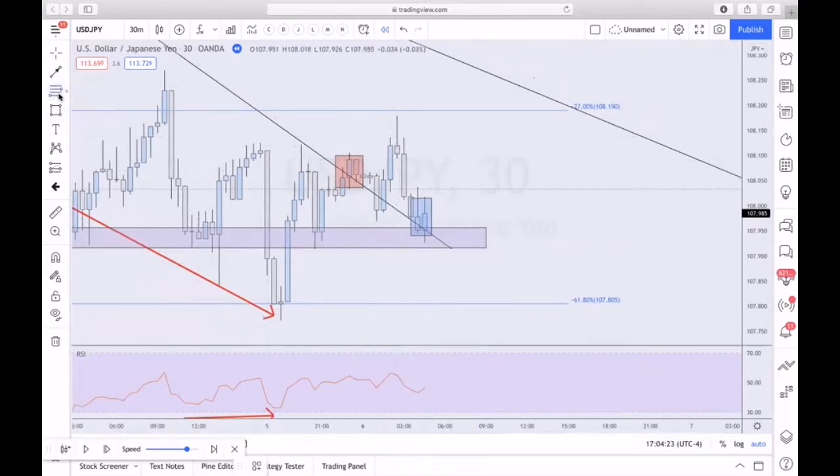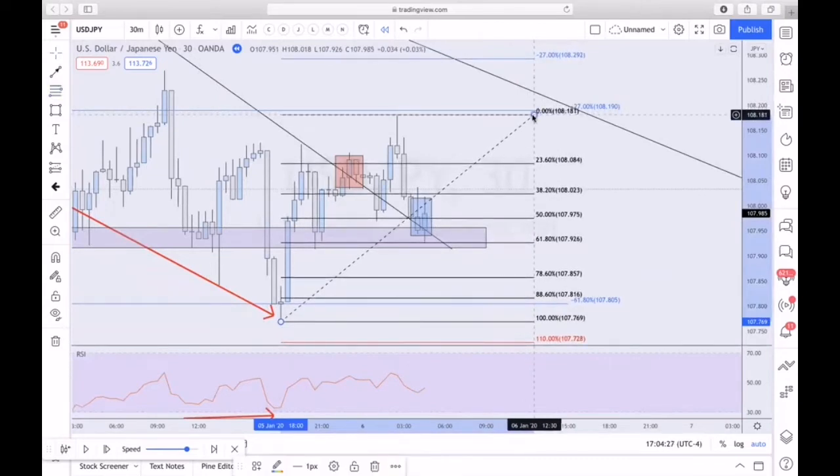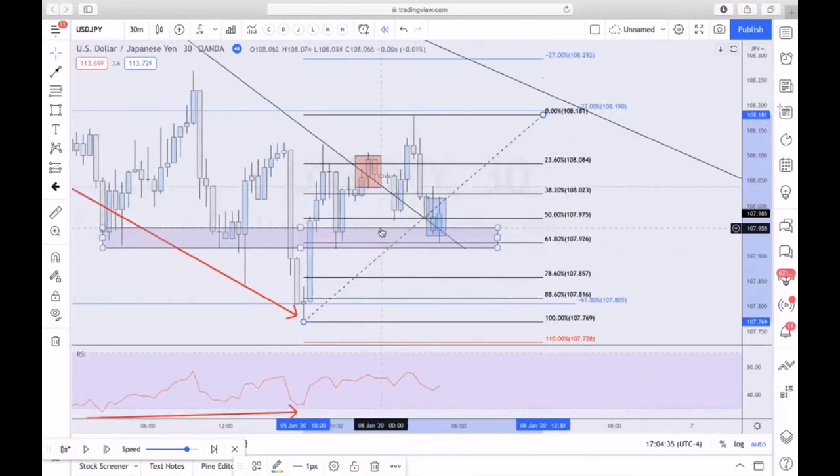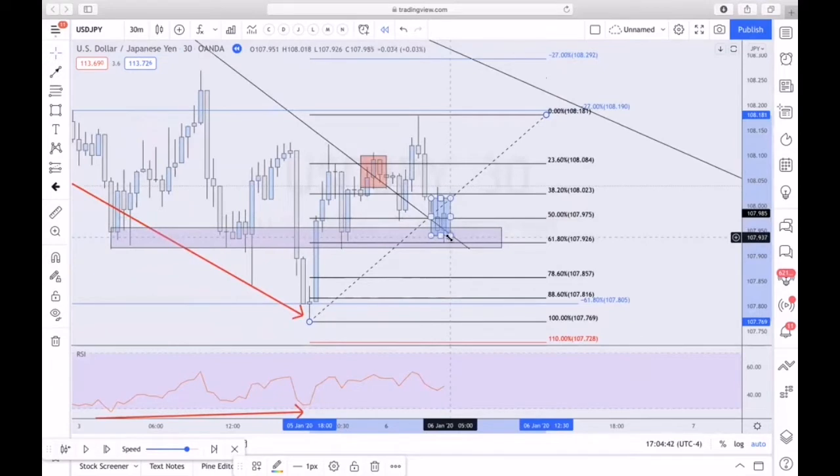Now, we're looking at minor structure, okay? So I'm going to put a baby fib on here, as you guys know, based off of how I trade, all right? We use minor structure fibs and major structure fibs, which again is assignment number 2, where you had structure. You have your 30-minute structure inside of your overall structure. So I know based off of 3 things that I'm going to take a buy right here.